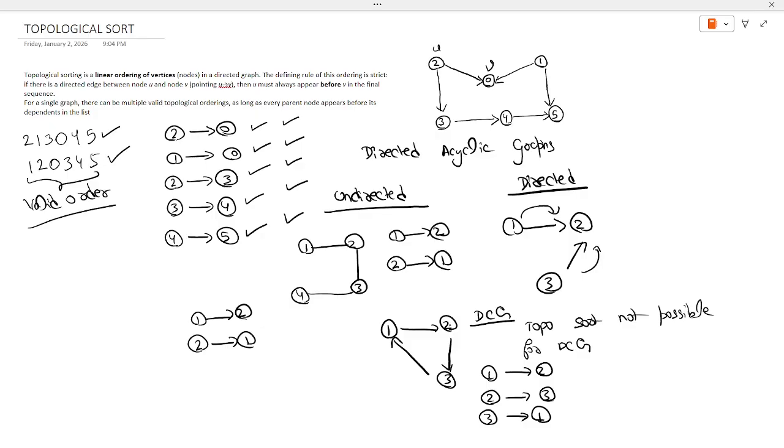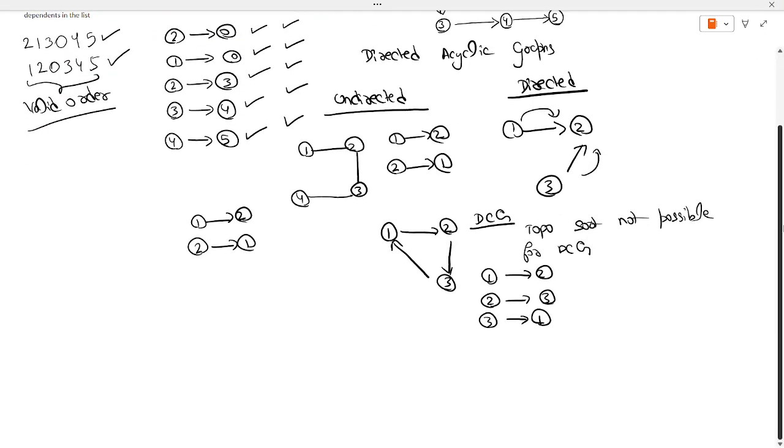Then it says in order to complete task 3, you should first complete task 2, and then it says in order to complete task 1, you should first complete task 3. So the algorithm would get stuck in an infinite loop and the topological sort would not be possible for a directed cyclic graph.